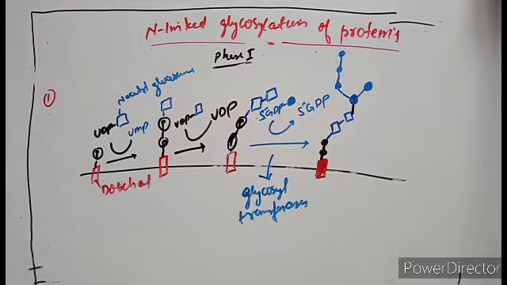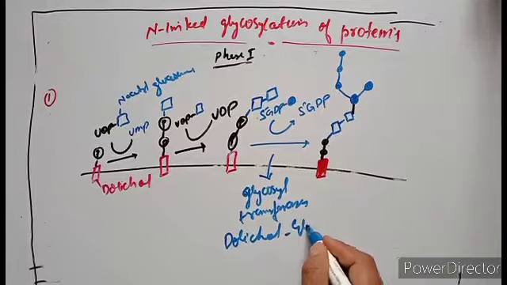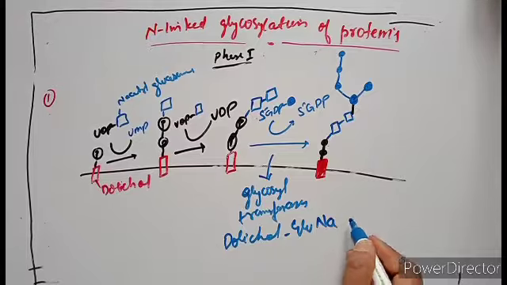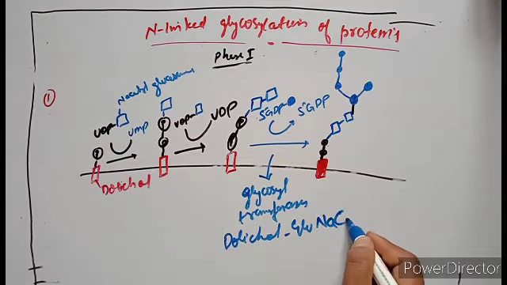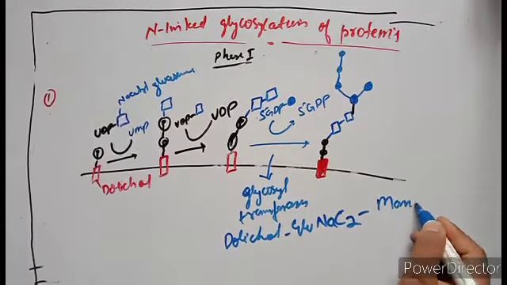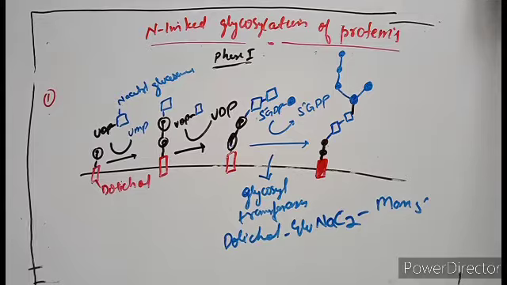So we will get the dolicol N-acetyl glucosamine mannose residue. We can write it like this: dolicol, N-acetyl glucosamine 2, because there are 2 N-acetyl glucosamine, and 5 mannose. Okay. Then at this point the lipid linked glycan is translocated across the membrane, making it accessible to the enzymes in the endoplasmic reticulum.